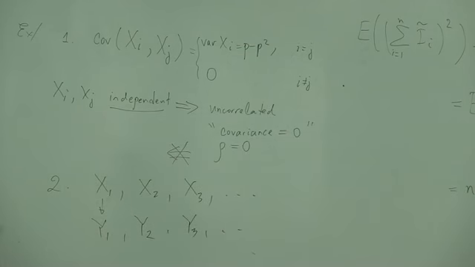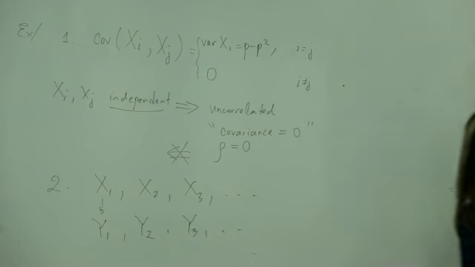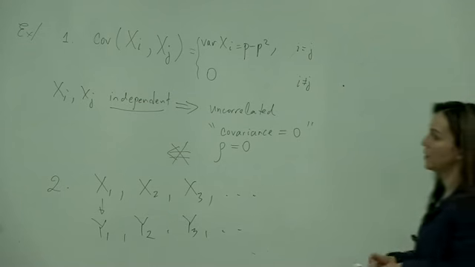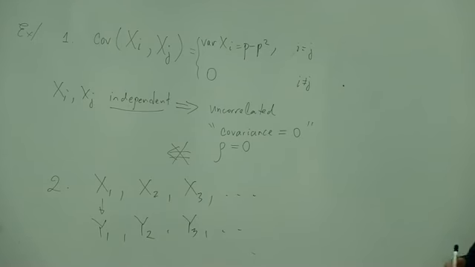Let's first think about y sub i and y sub j for different i and j. Y sub i and y sub j are produced from x sub i and x sub j according to an independent process, completely independent from i to j.